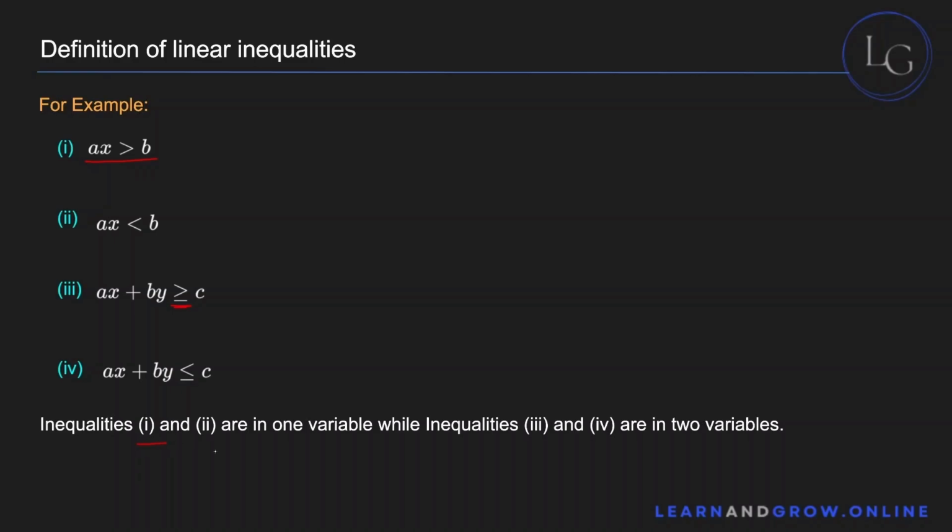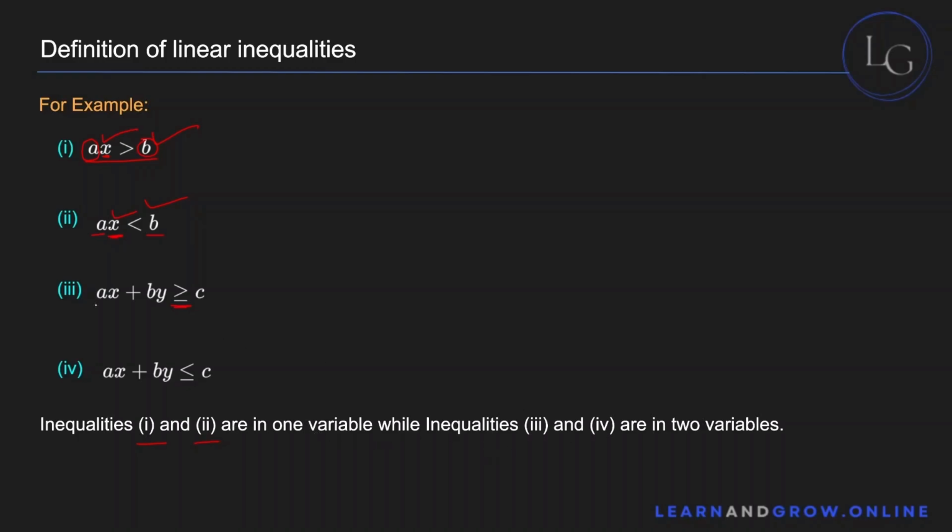The inequalities 1 and 2, so this one and this one, are in one variable. As you can see, the only variable in this is x. A and b are constant numbers. They're constant. The only variable in these two inequalities is x. So it's a one variable inequality.